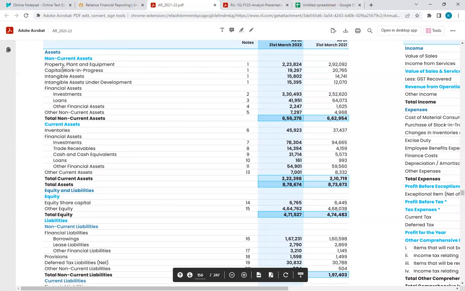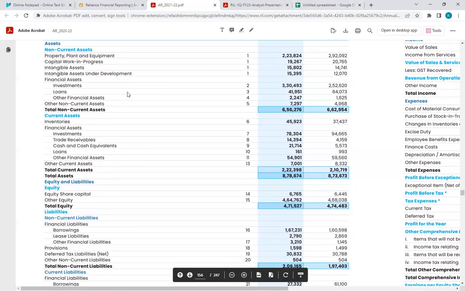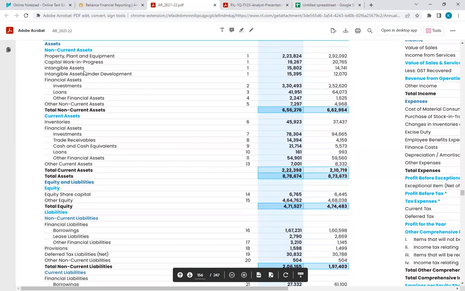In the same way for capital work in progress, you can refer to the same note. So all these assets' information is denoted under notes with more information. Okay, so like that, we have non-current assets.